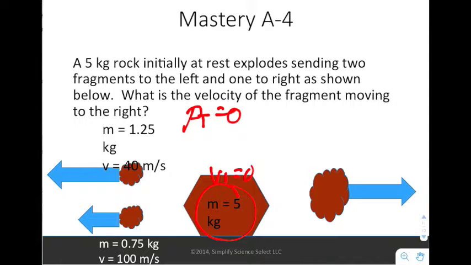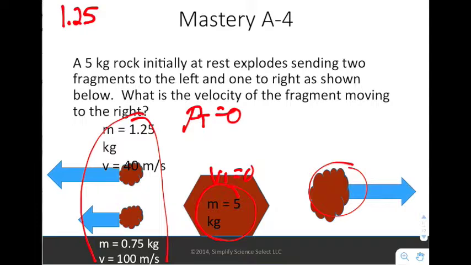Now I know that I have 2 rocks moving to the left, and I have 1 rock moving to the right. So if I look at my rocks that are moving to the left, the first one has a momentum of 1.25 times 40. That's the momentum of the first fragment. When you multiply that out, 40 times 1.25 ends up being a momentum of 50.